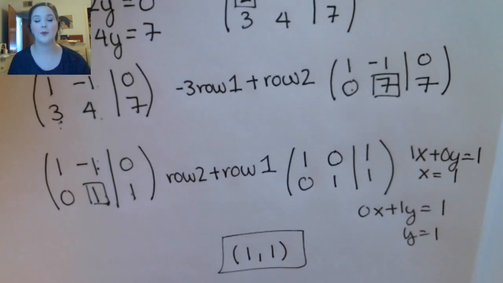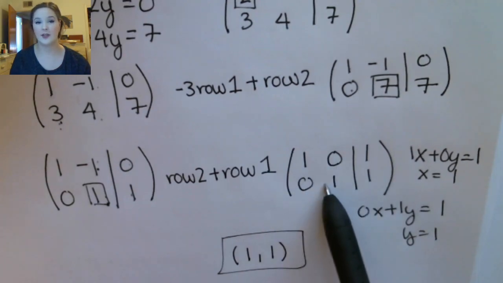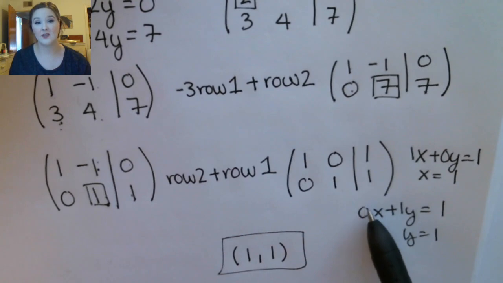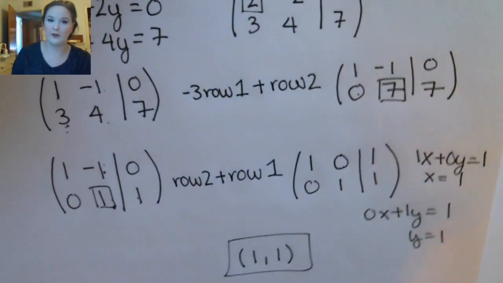Okay, and that's why people use this process. Okay, once you have the left-hand side in this form with the 1s and 0s, the augmented column is the solution. Okay, let's look at another example.